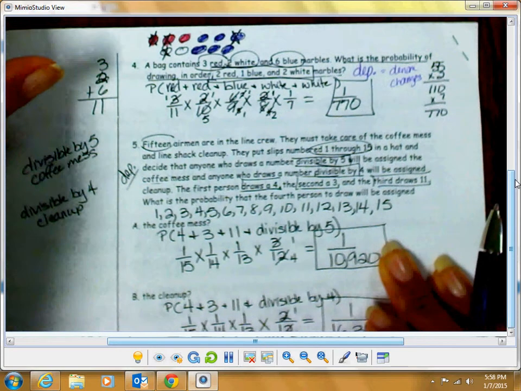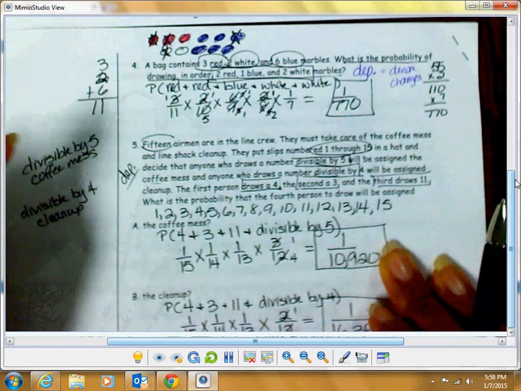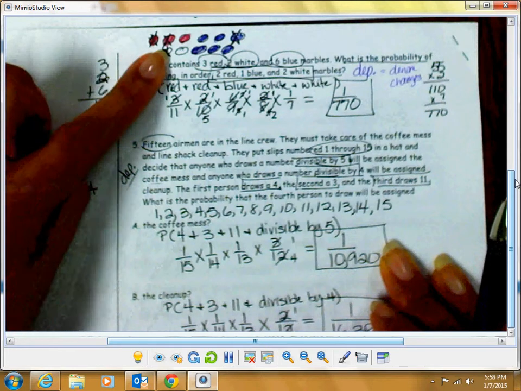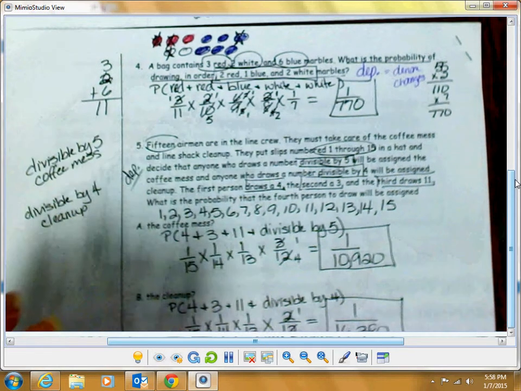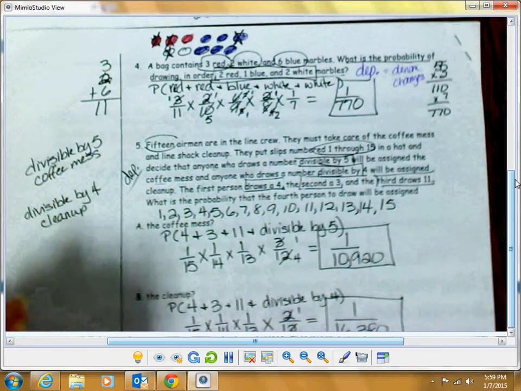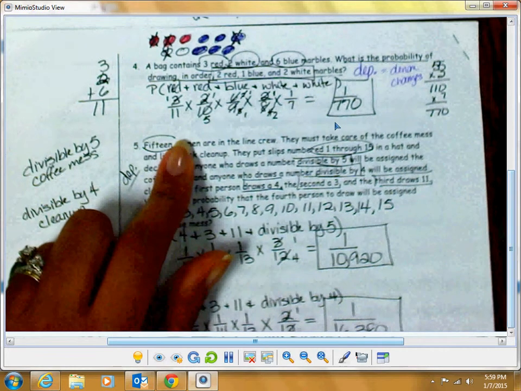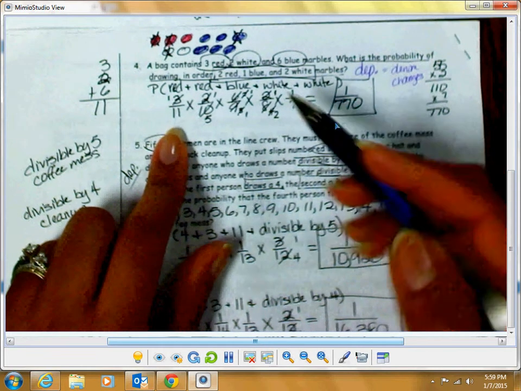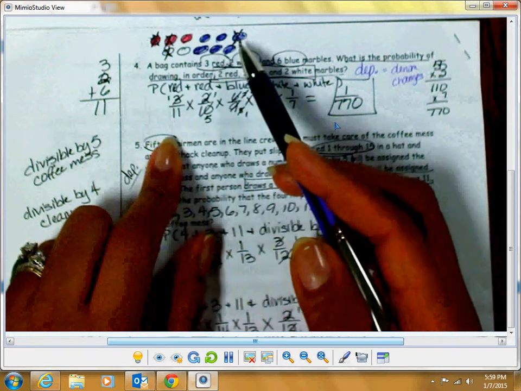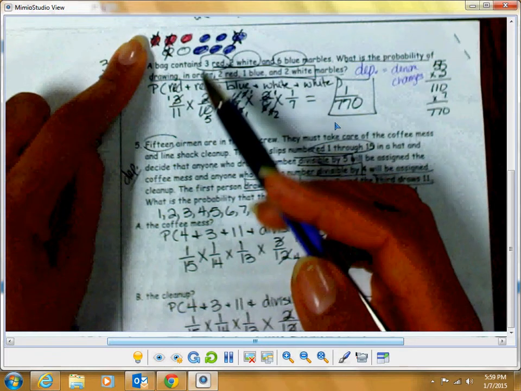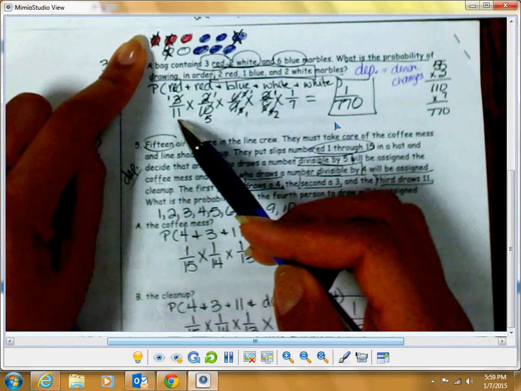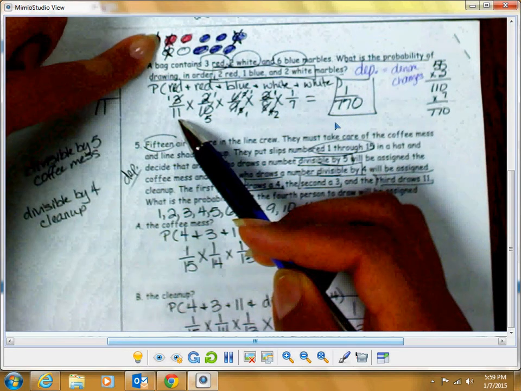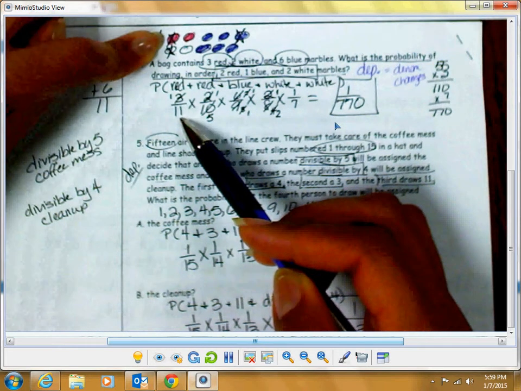So when we get down to our probabilities, and I even drew this one for you as well, I started with my 3 red, my 6 blue, and my 2 white. I first am going to look to see out of all these 11 how many reds I have. There's 3. So that's where the 3 11ths comes from. Since I'm not replacing anything, I'm going to take away that red.